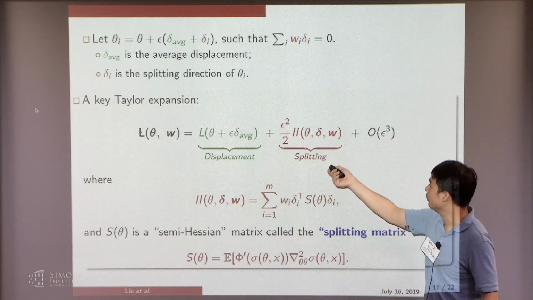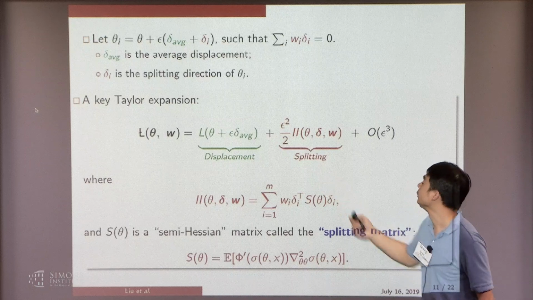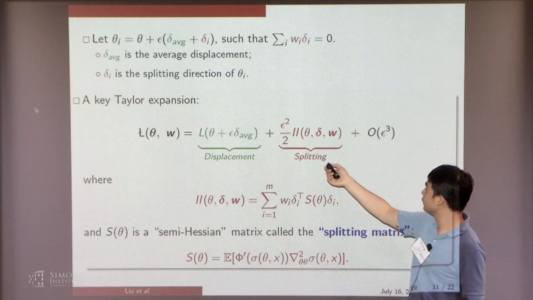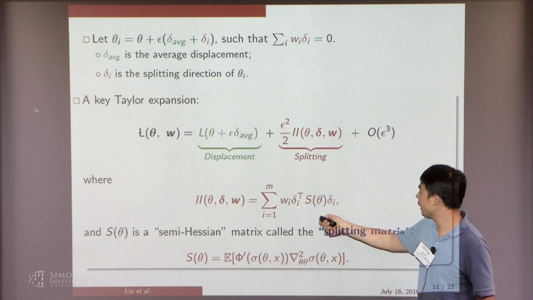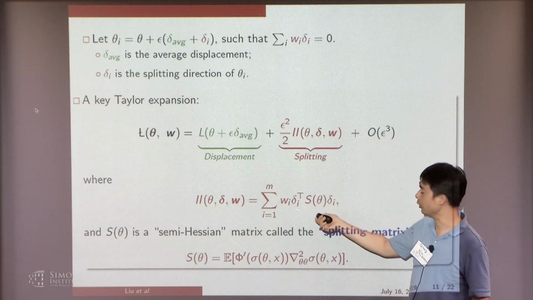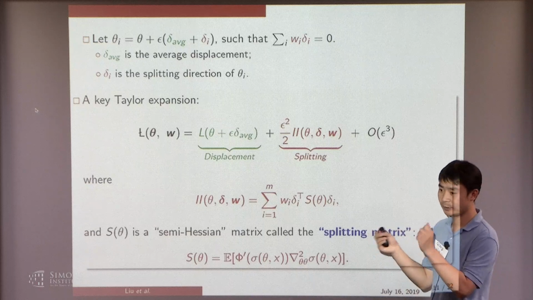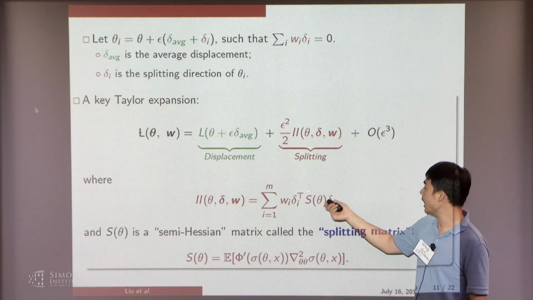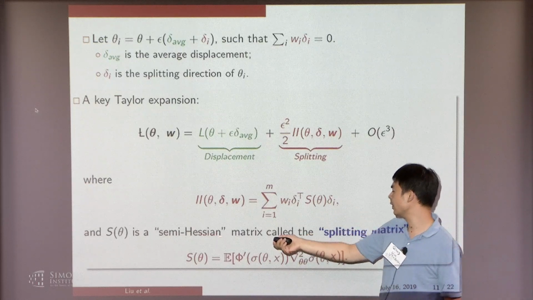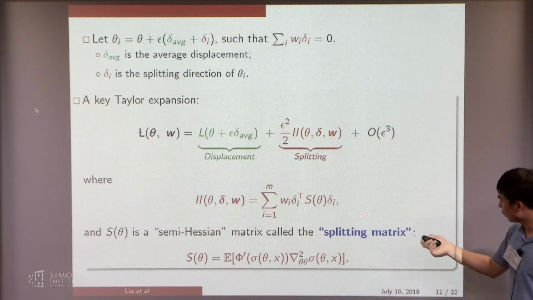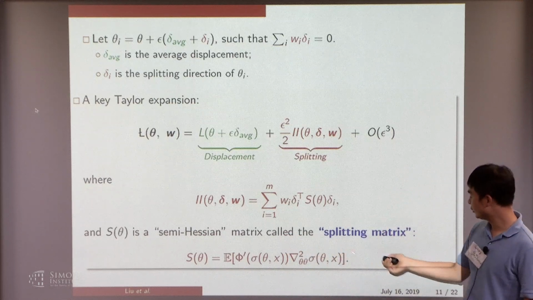And then the second term is the effect of splitting. This term is actually a weighted sum of quadratic terms, which depends on delta_i, the individual splitting direction, as well as S_theta. S_theta is some matrix that I call the splitting matrix, defined in this way.